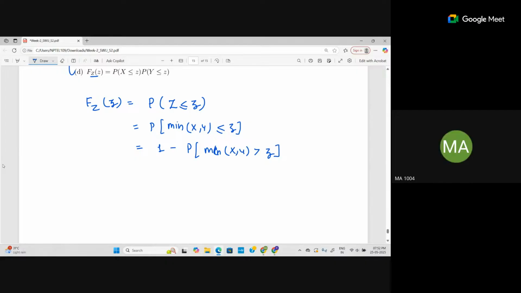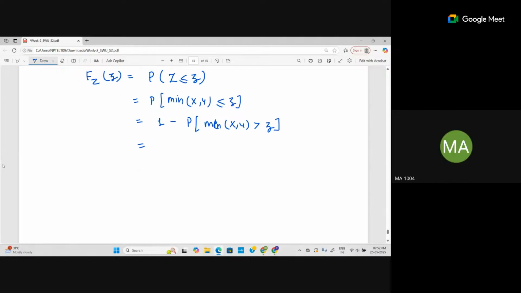of X, Y is greater than z? Okay. Now you can see here that if the minimum of two values is greater than some value, then both the values should be greater than that particular value. So X will be greater than z, and Y will also be greater than z. You can understand it like this: suppose the minimum of 2 and 3 is greater than 1.